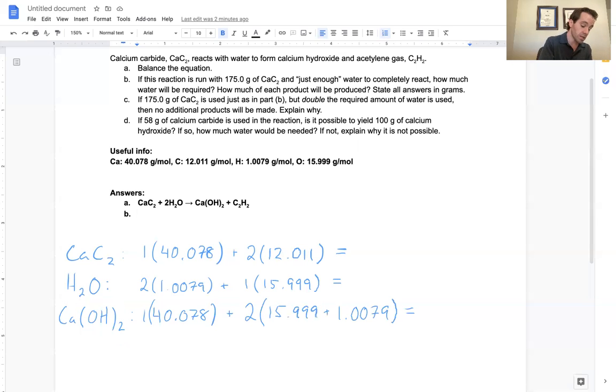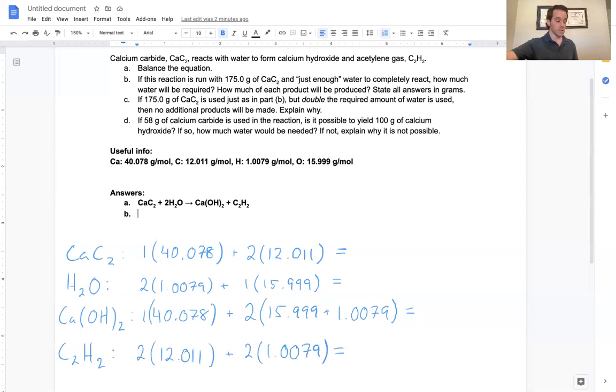Hopefully it's clear that this 2 copies of that is meant to refer to the 2 copies of the hydroxide. One more, I've got the C2H2, and this will be 2 copies of the carbon, 12.011, plus 2 copies of the hydrogen.